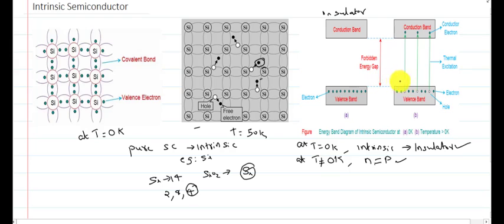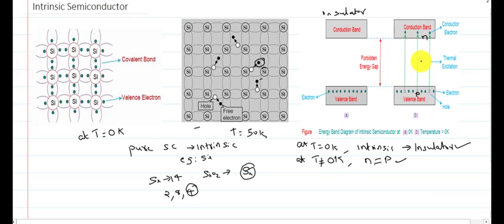And at T equal to 50 Kelvin, we can see the electrons are exciting to the conduction band. Here we can see 3 electrons are exciting to the conduction band. So there will be 3 electrons in the conduction band, and similarly, as electron-hole pairs, there will be 3 holes in the valence band. The electron concentration in the conduction band will be the same as the hole concentration in the valence band.